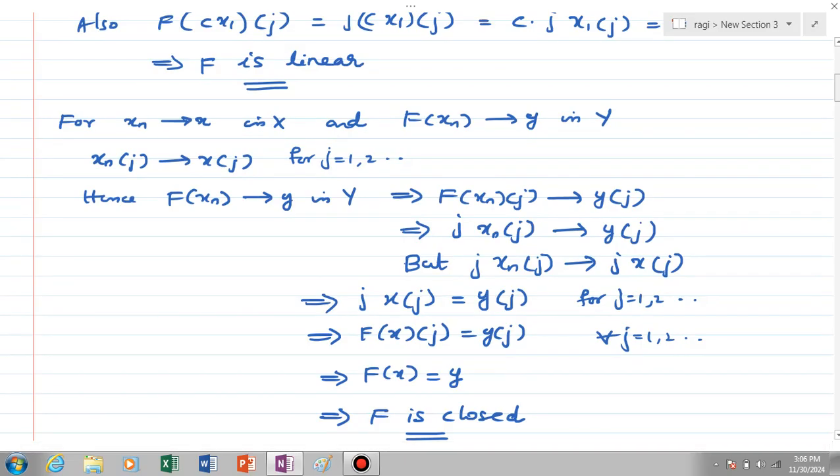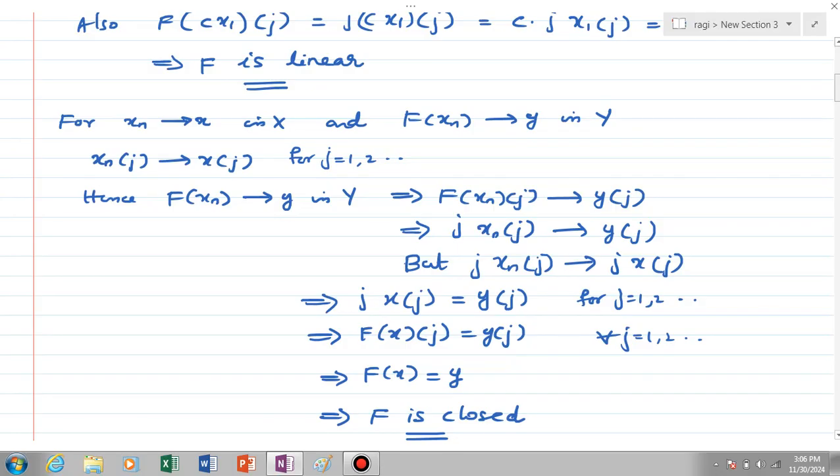in Y, we get x_n(j) converges to x(j) for j equal to 1, 2, 3 etc. Hence F(x_n) converges to y in Y implies F(x_n)(j) converges to y(j), but F(x_n)(j) is j times x_n(j), means j times x_n(j) converges to y(j), but actually j times x_n(j) converges to j times x(j).